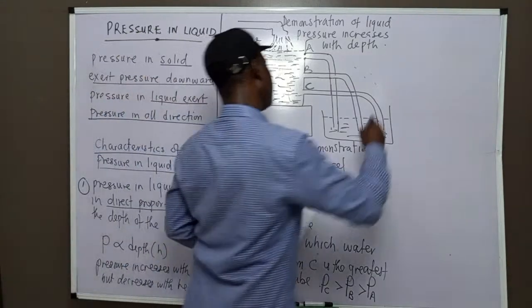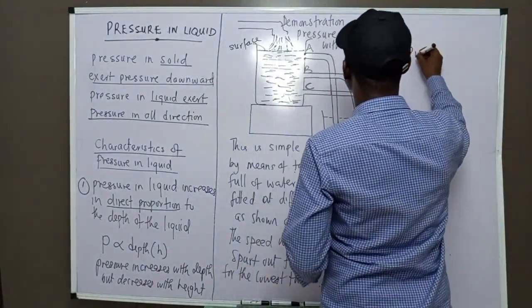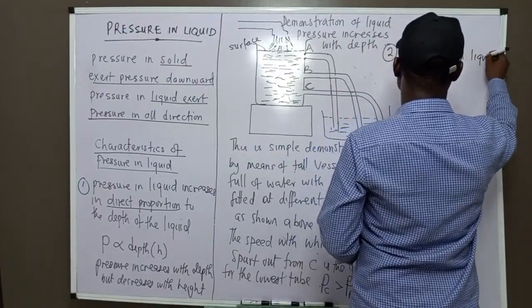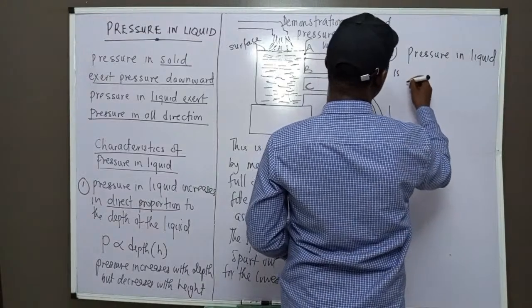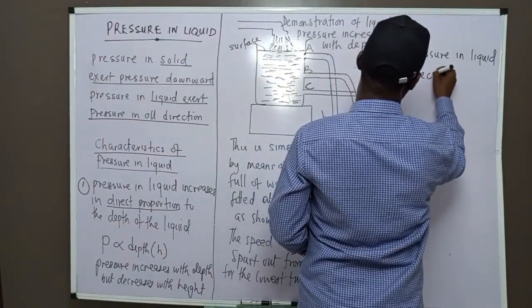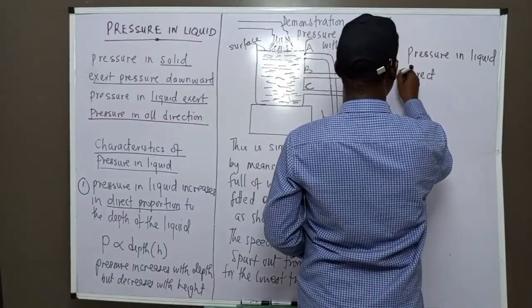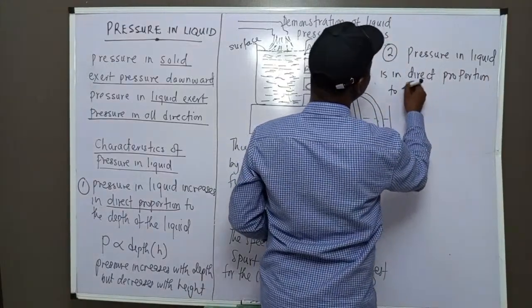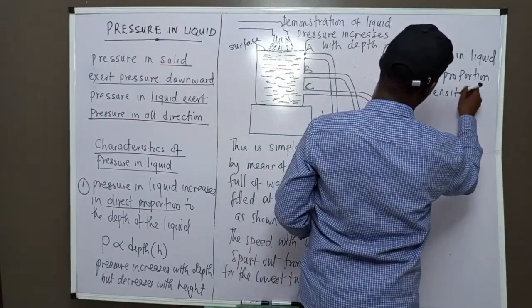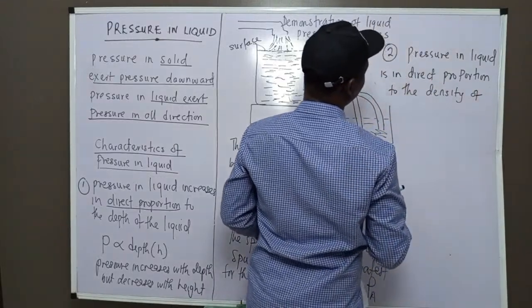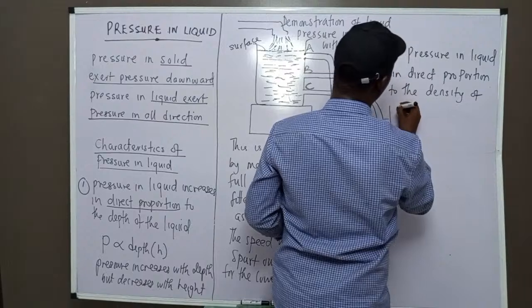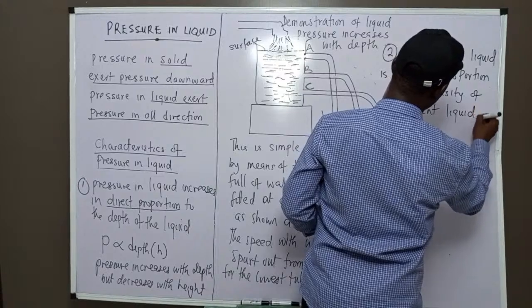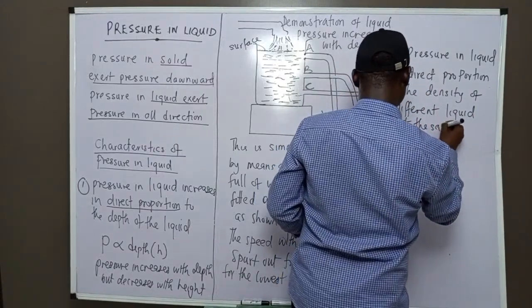Number two, pressure in liquid is directly proportional to the density of different liquids at the same level.